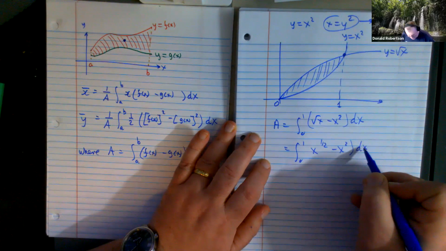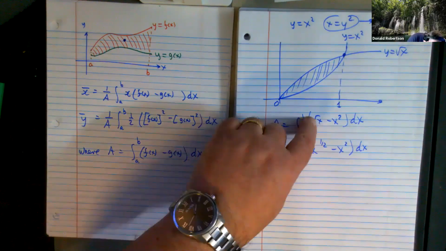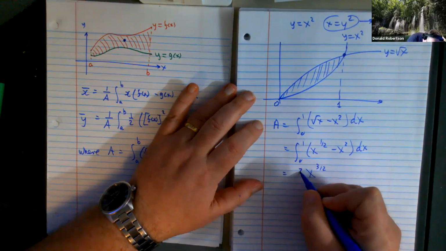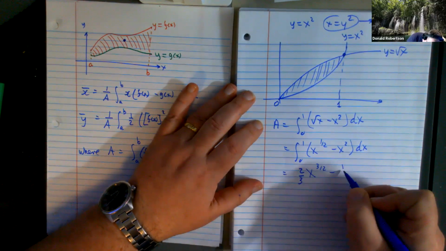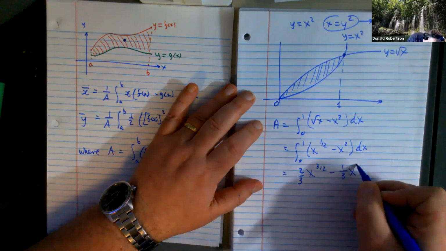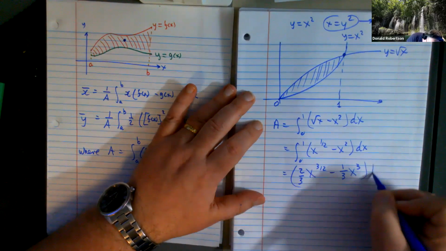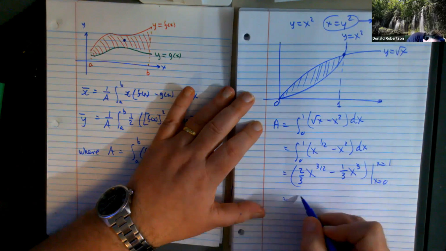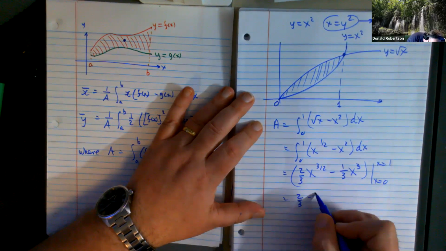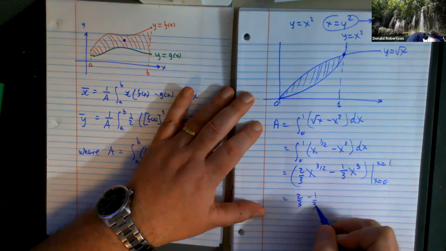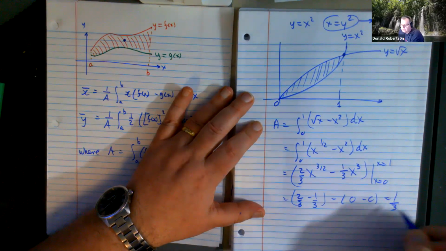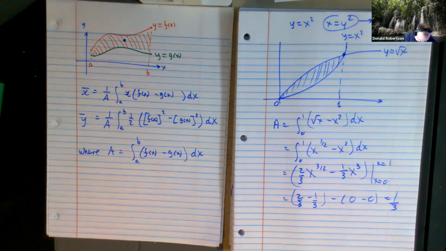Because if you want to integrate it, you have to do a half power. Add 1 to the power, divide by the new power. If you plug in 1, you get 2/3, take away 1/3. If you plug in 0, you get that. We'll call it A, it's a third.